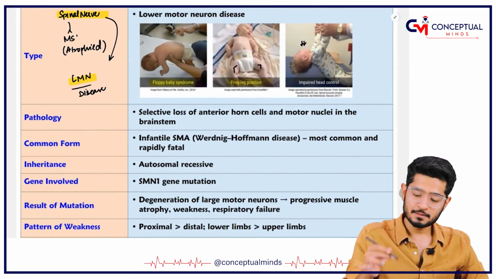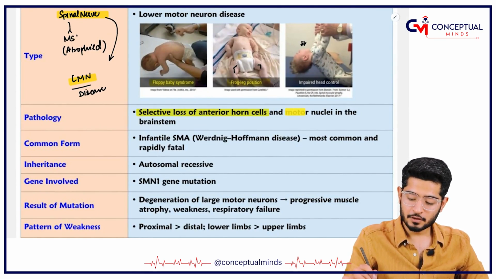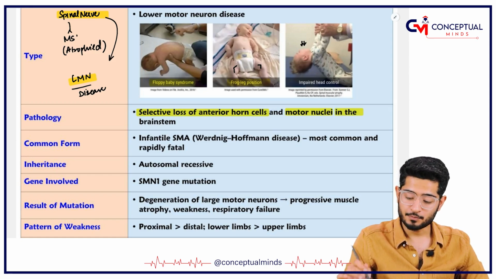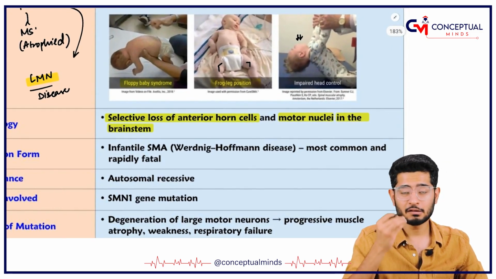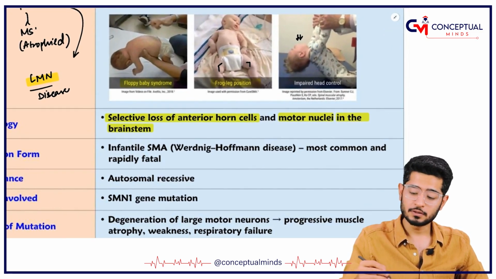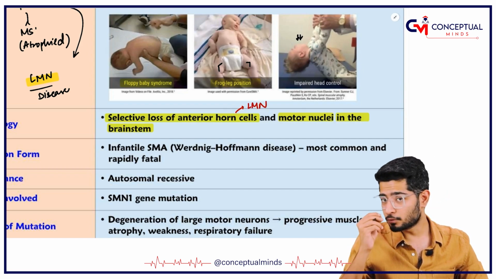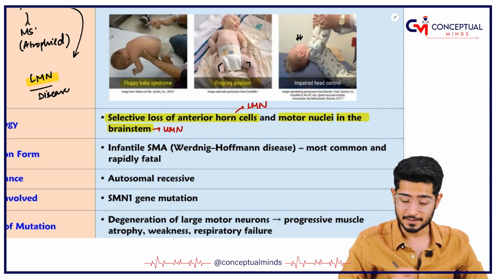So in SMA there is a selective loss of anterior horn cells, and of course motor nuclei will also be selectively lost in the brainstem. Since anterior horn cells, spinal nerves are gone, this is thought to be an LMN disease. But can you understand that there is some motor nuclei loss in the brainstem also? So there is going to be a UMN issue as well.